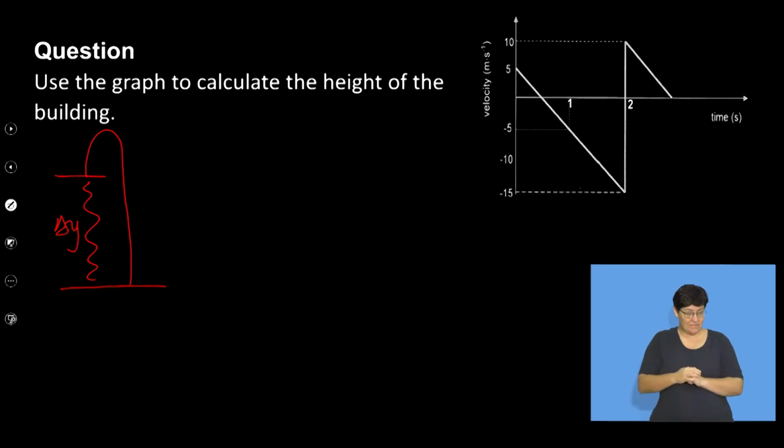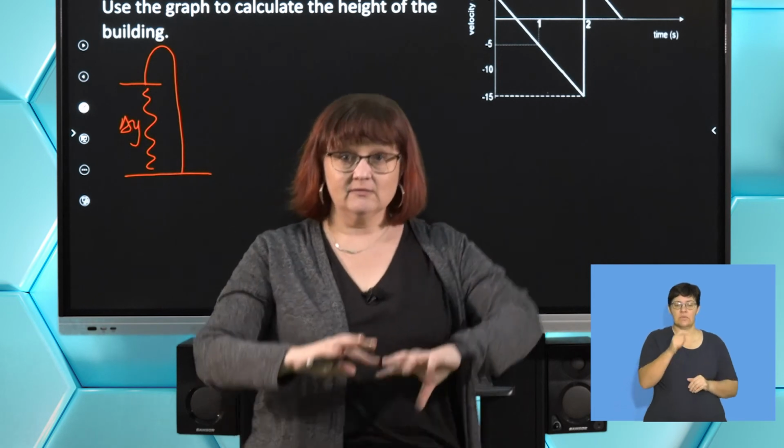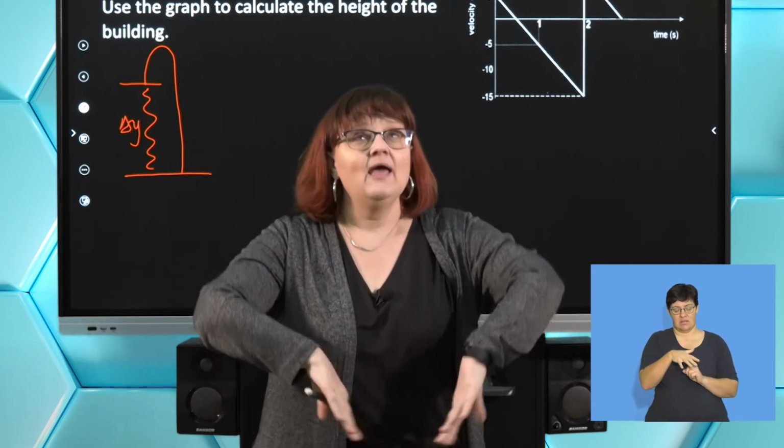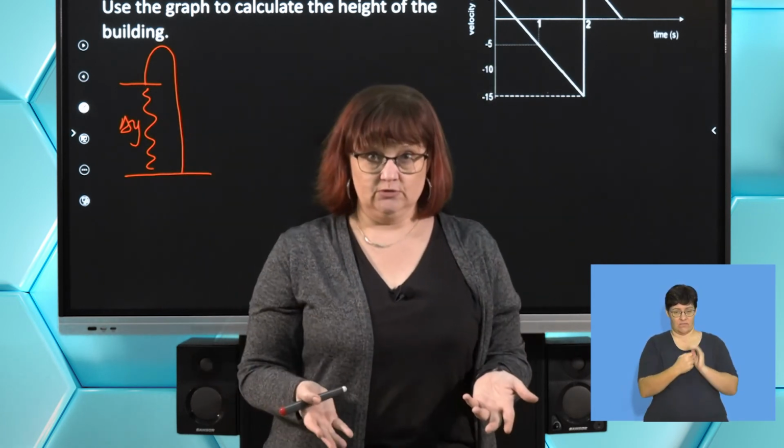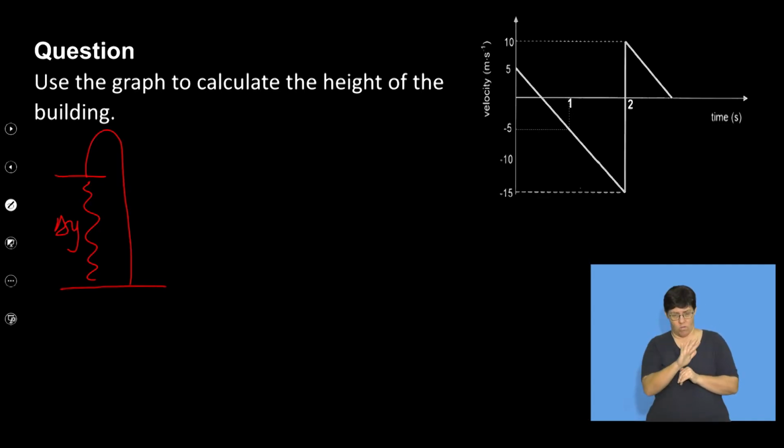That means I need to use the area under the graph. And I'm looking at the whole motion when it hits the ground. So I need this little area, and I need that area. Okay, so this little block, and that little block. We good? So here we go.